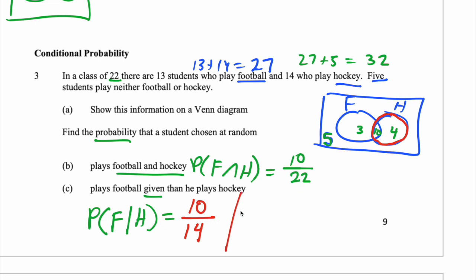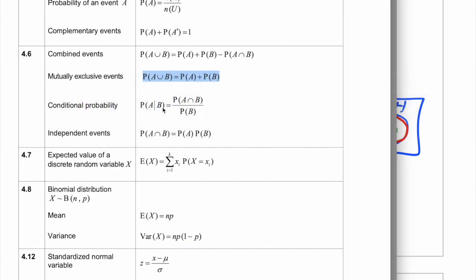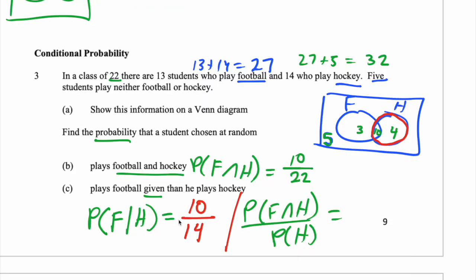Okay, now with the formula, you would do probability of F and H divided by probability of H, according to the formula. Let's look at that formula again. So the given thing goes in the denominator, right? So the given thing is probability of H. Probability of H overall, there's 14 hockey players and 22 total.